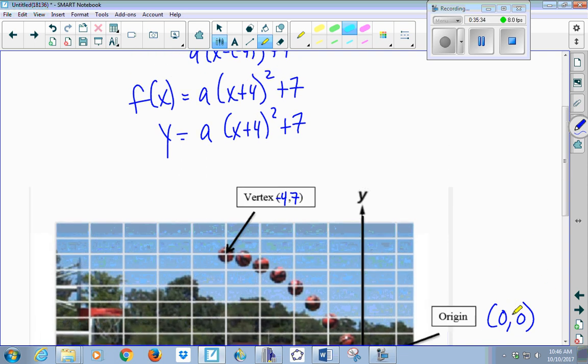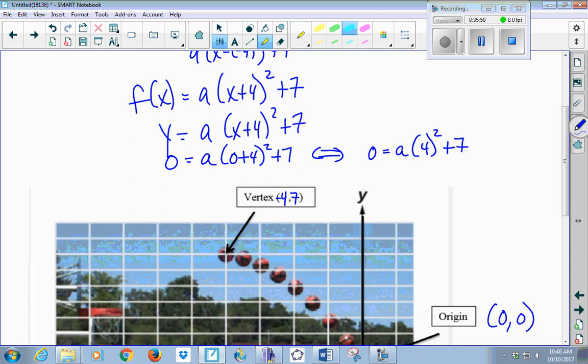And the origin has a y value equal to 0 and an x value equal to 0. So now I can solve this equation for a. I have 0 equals a times 4 squared plus 7. That equals 0 equals 16a plus 7.